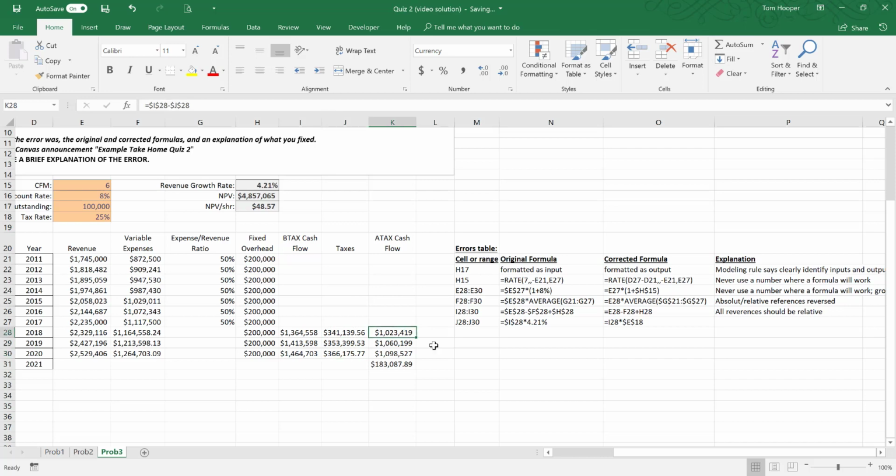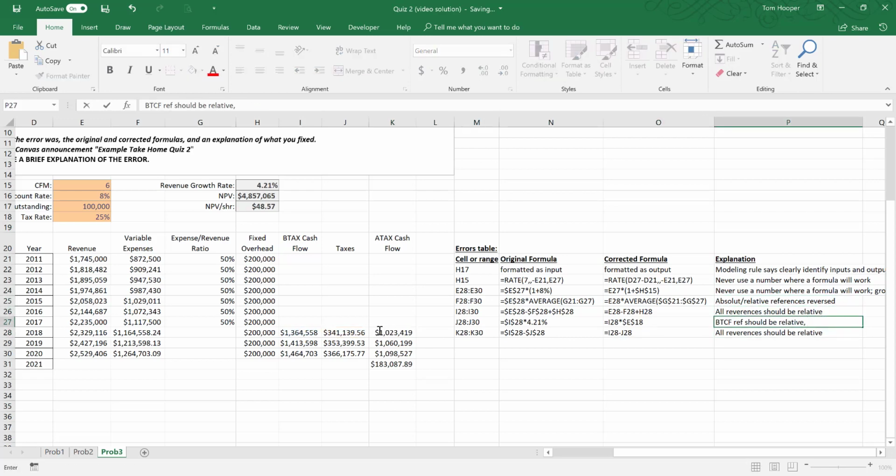Okay, finally we get to column K, and again we see way too many absolute references. And let's look at the terminal value. This time we are dividing by 6. We should be multiplying by the terminal value. References don't matter on this cell because it will never be copied.